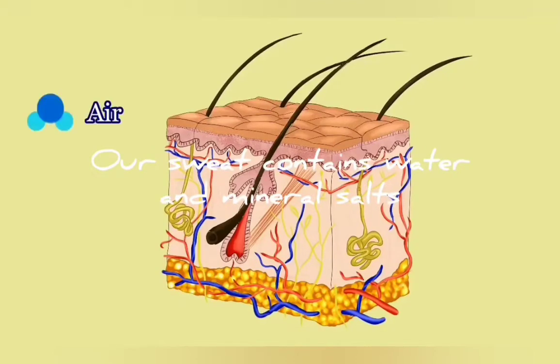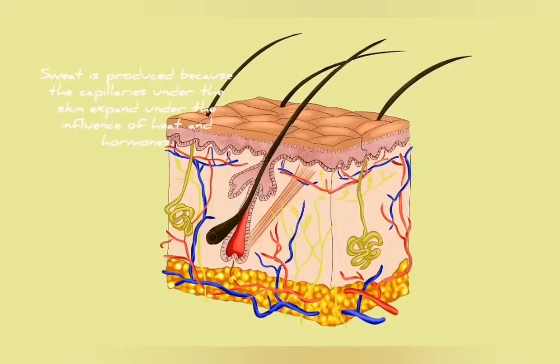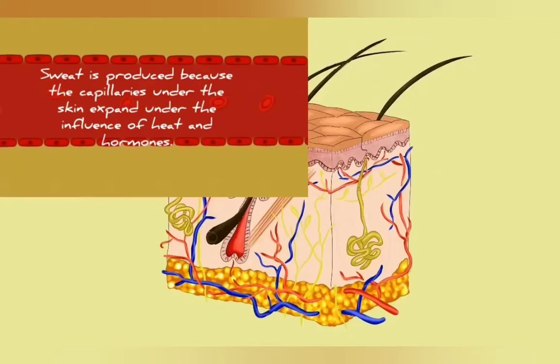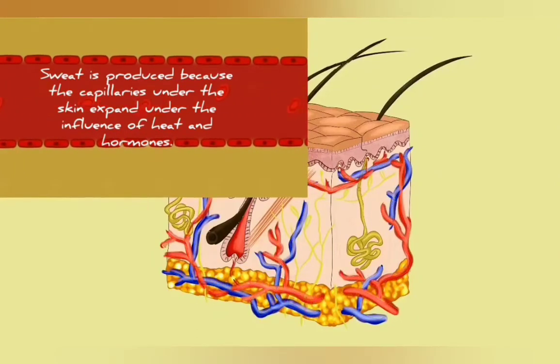Our sweat contains water and mineral salt. Sweat is produced because the capillaries under the skin expand under the influence of heat and hormones.